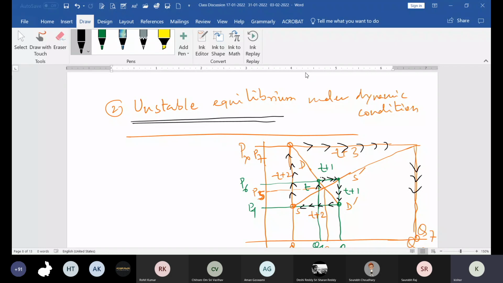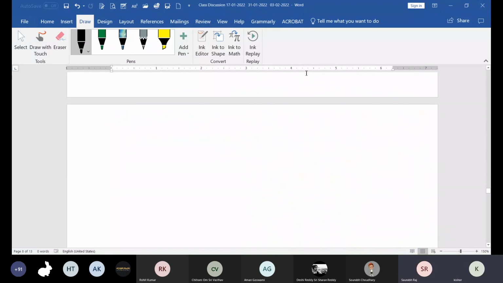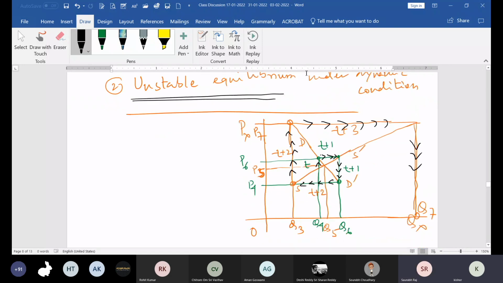And the third one is, that slope condition. Pardon? This divergence. Sir, you said that if the slope of one is greater than the other, then it will diverge. The slope of the demand curve, not the slope of one. Be careful.